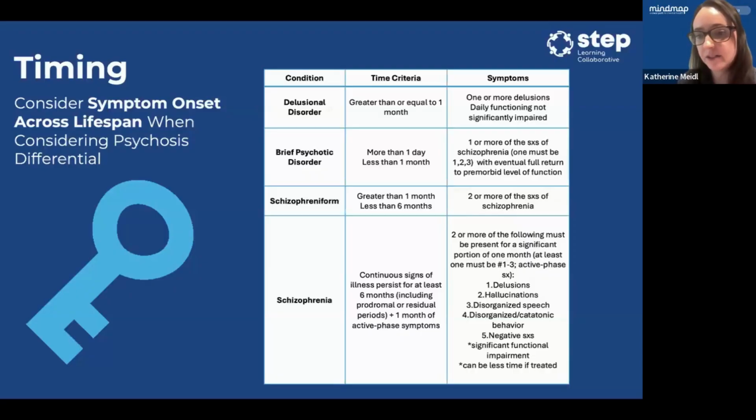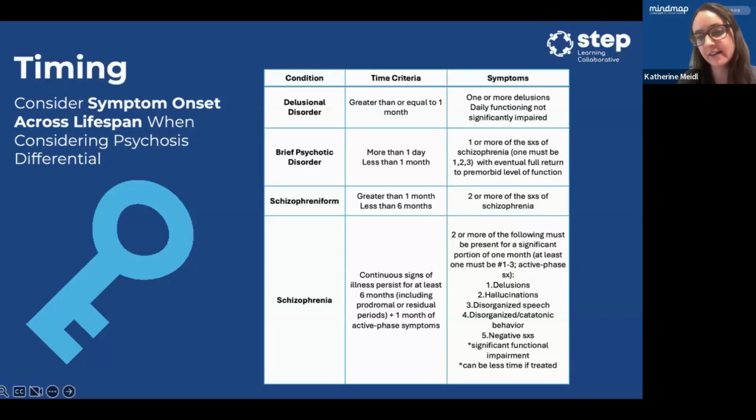They could also have disorganized or catatonic behavior, or negative symptoms as well. And these symptoms are associated with significant functional impairment. And for that time piece, there's always a caveat in the DSM where it can be less if treated. So if they're getting active treatment, then there's always that caveat. But these symptoms are present.